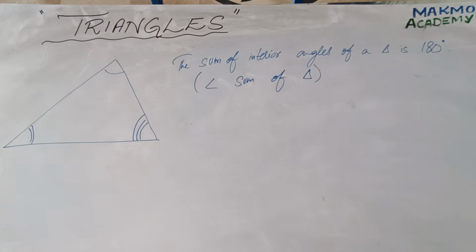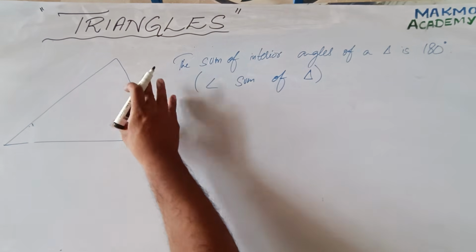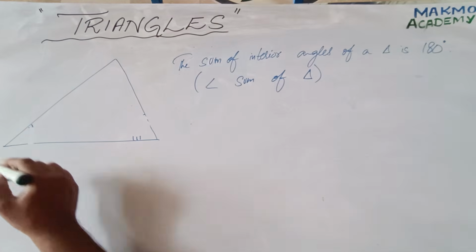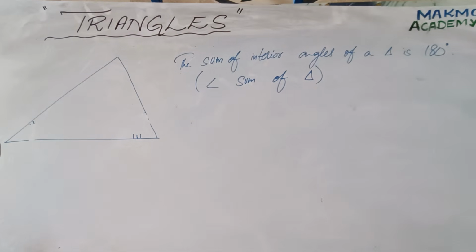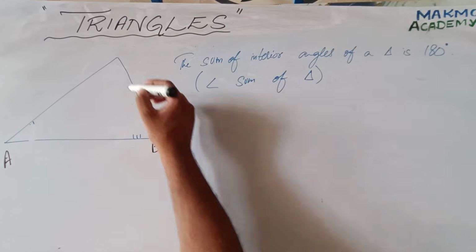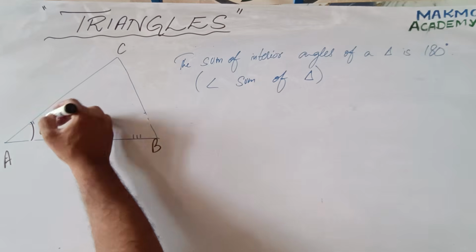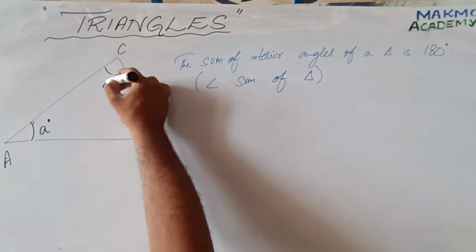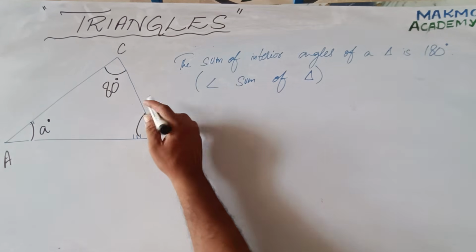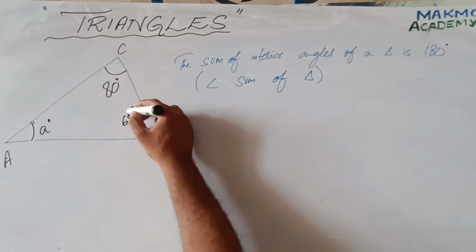Now let's start finding the value of an unknown in a triangle. For example, we have this triangle ABC, with angle A over here, an angle of 80, and this angle of 65 degrees.